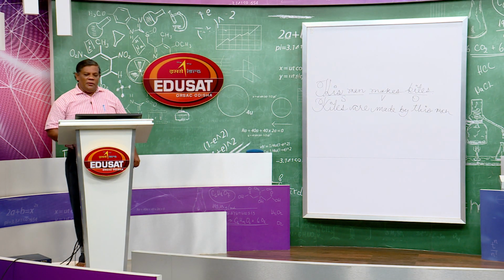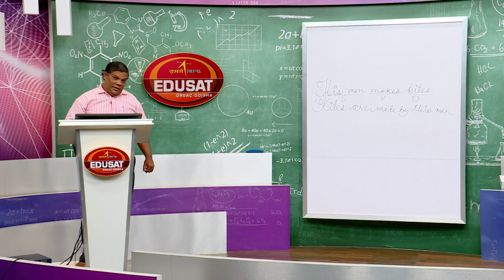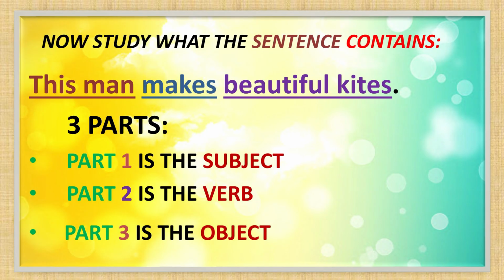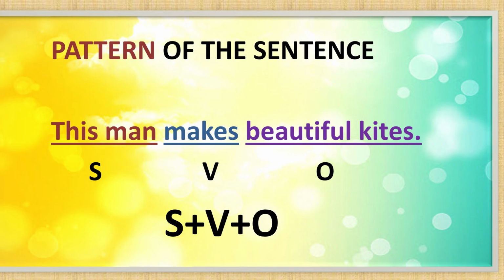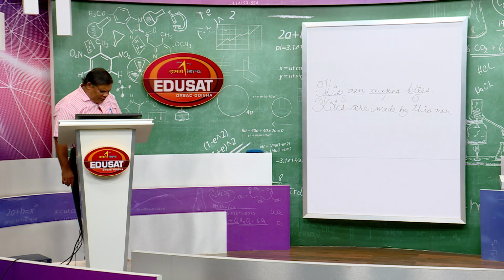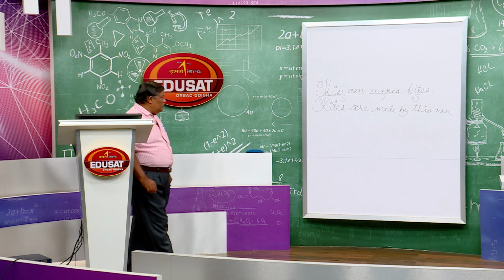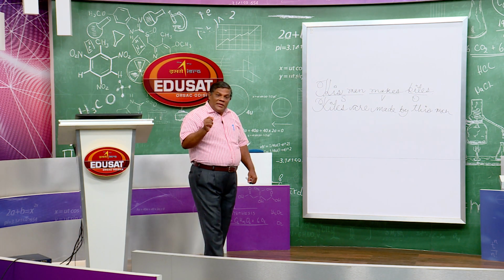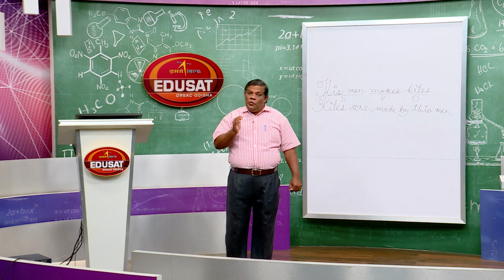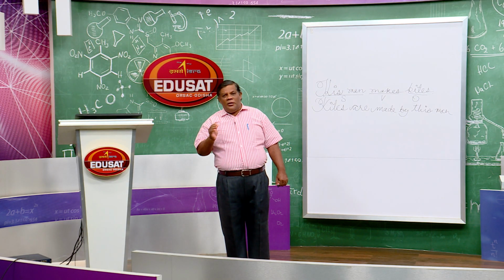When we transform such sentences into passive, these three parts are required: subject, verb and object. S stands for subject, V stands for verb, and O stands for object. What is the subject? You see, the subject is the doer or the performer of the action.